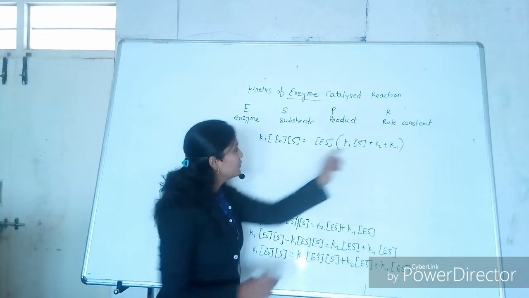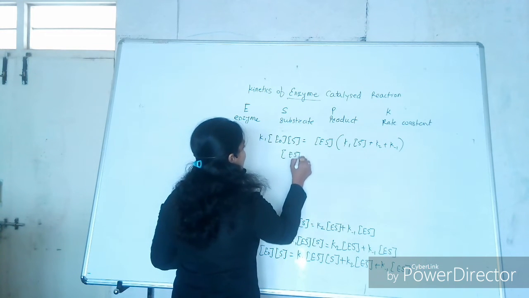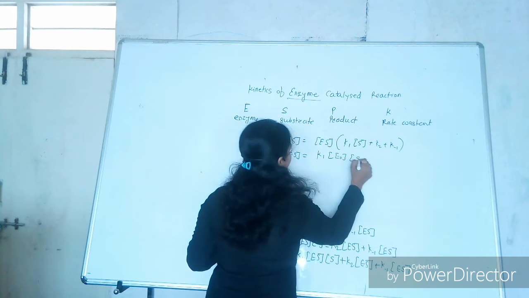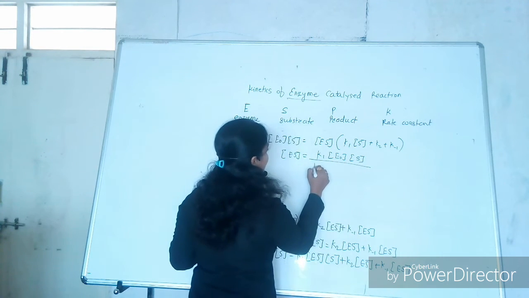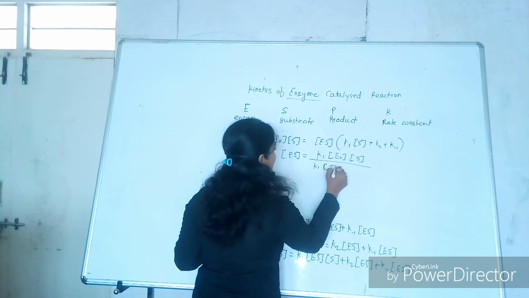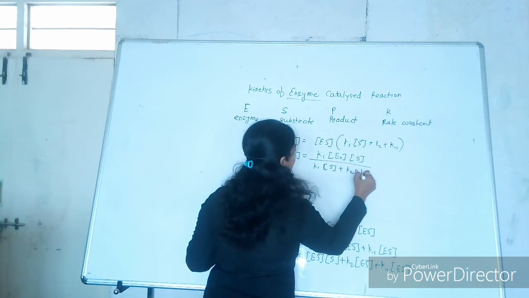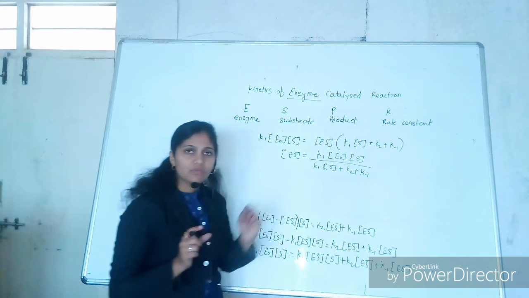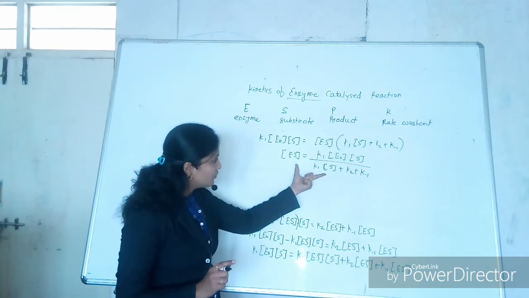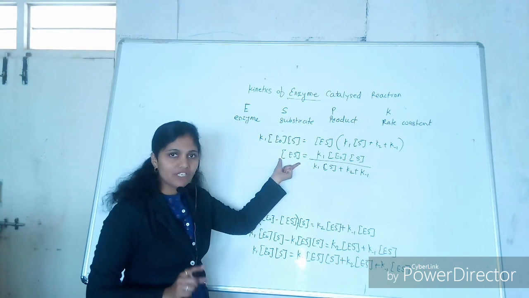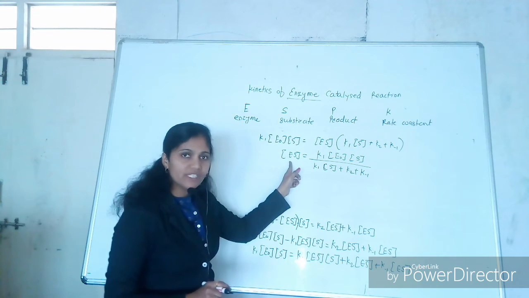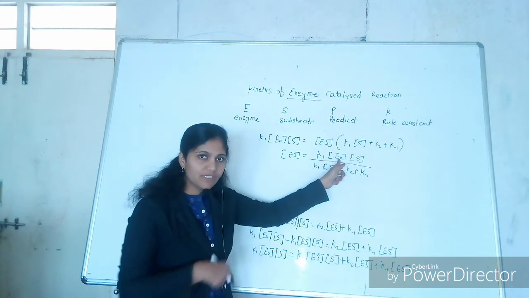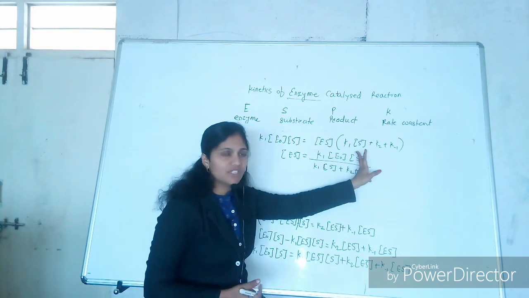So from this relation we can determine the concentration of enzyme substrate complex, that is K1 into E0 into S divided by K1 into S plus K2 plus K minus 1. Okay, so this is the equation for the concentration of enzyme substrate complex, and its value depends on the initial concentration, or whole concentration supplied for the reaction, and the amount of substrate.